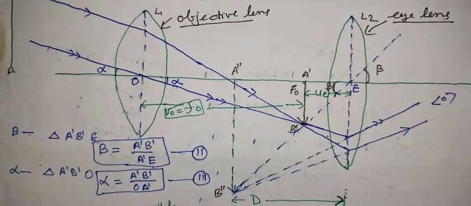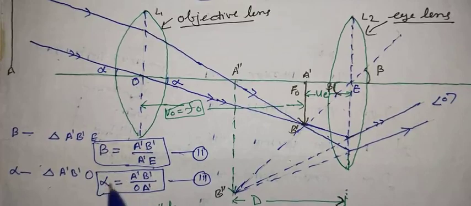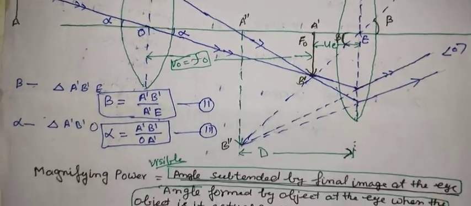Now what we are going to do is put the angles beta and alpha into equation number 1.